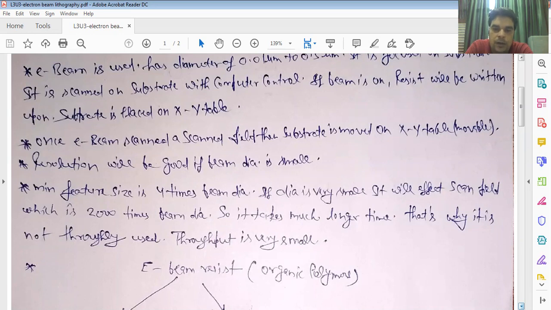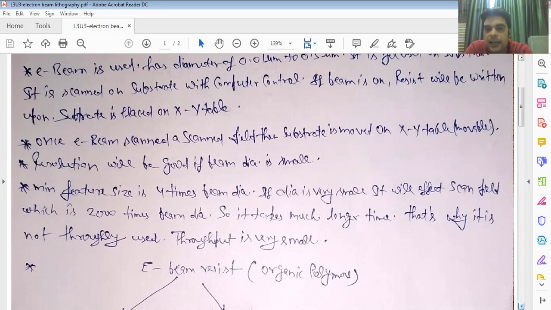But here comes the major disadvantage of electron beam lithography. As you are reducing the diameter of the electron beam, it will affect the scan field. The scan field is around 2000 times bigger than the beam diameter.